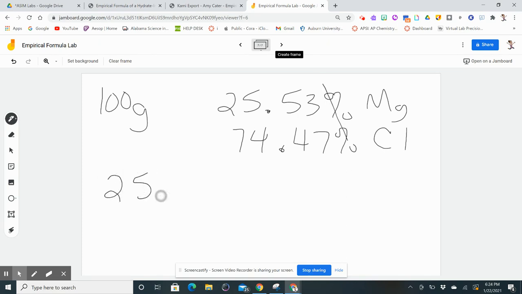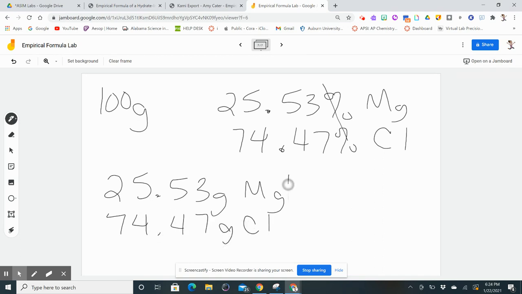So you can say that you have 25.53 grams of magnesium and 74.47 grams of chlorine, and then you would simply turn those grams into moles.